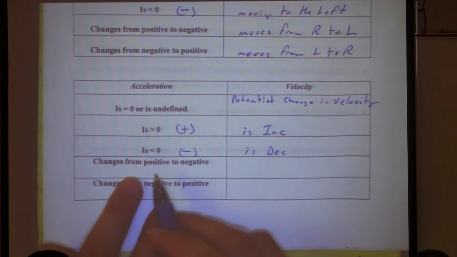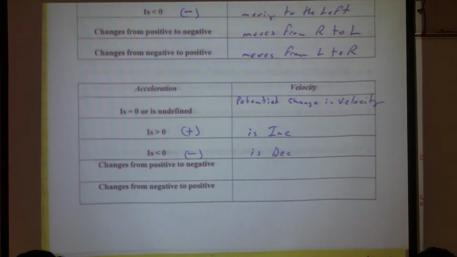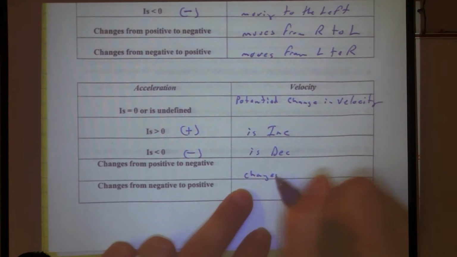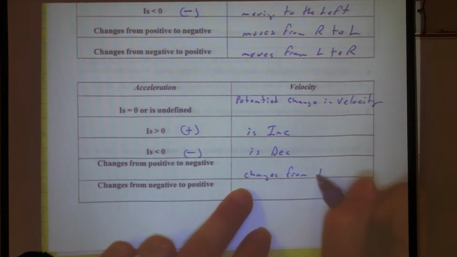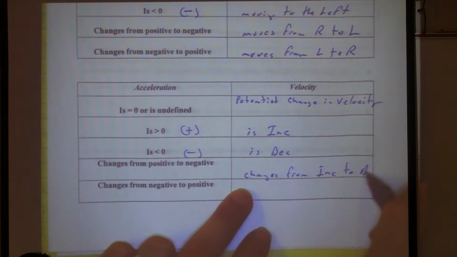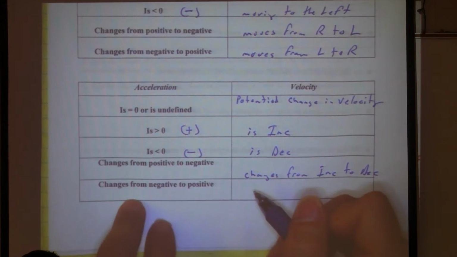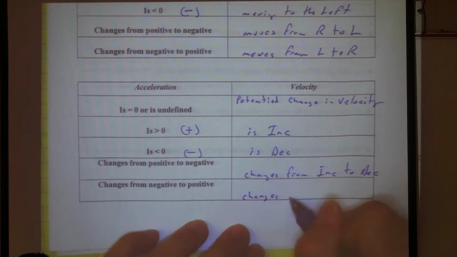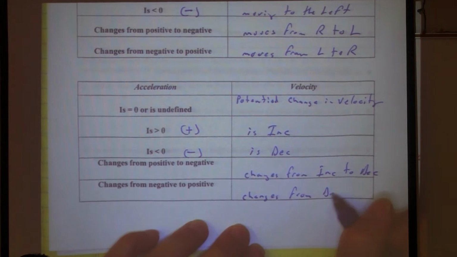What happens if the acceleration changes from positive to negative? Velocity changes from what? And if the acceleration changes from negative to positive? Changes from decreasing to increasing.